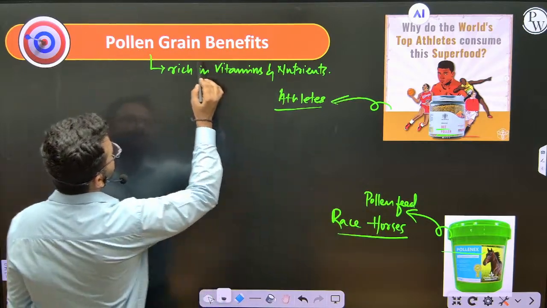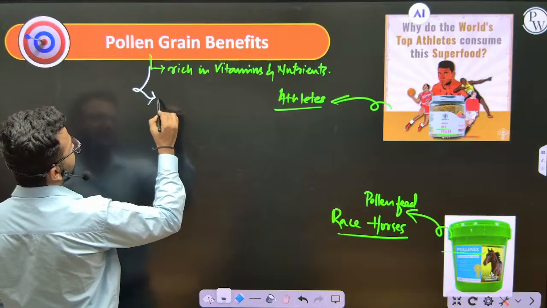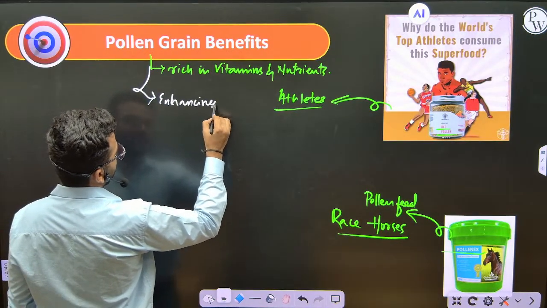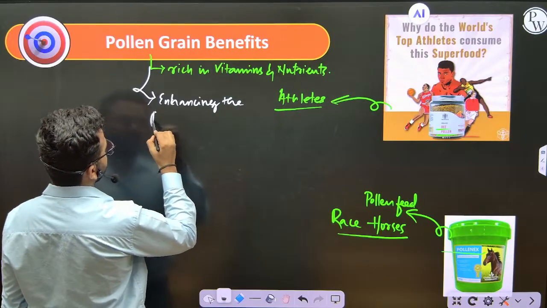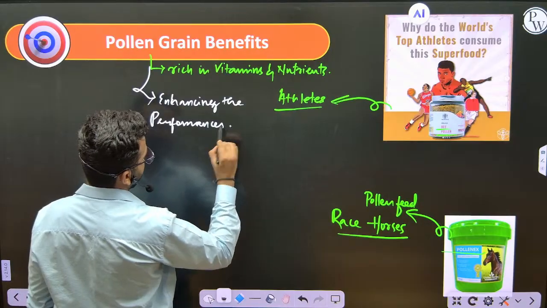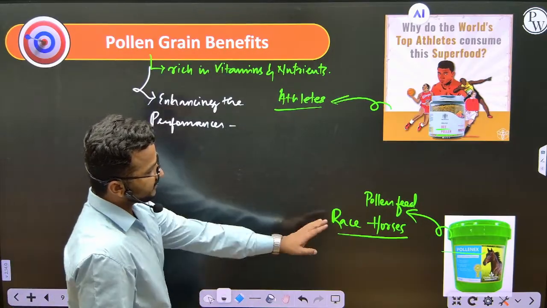So this pollen grain enhances the performance in the case of athletes and race horses.